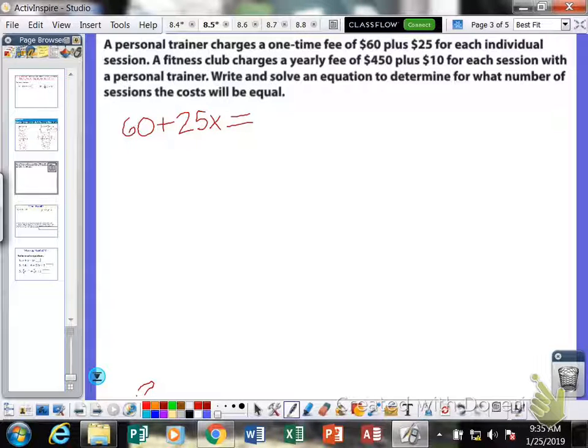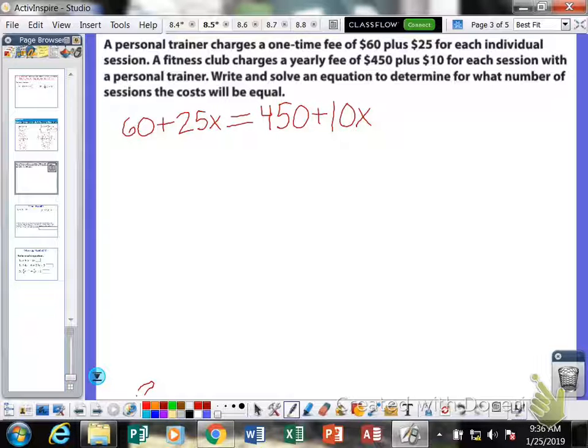So we're going to set this equation equal to what the other fitness club charges, and that is a yearly fee of $450 plus $10 for each session with a personal trainer. So again, that x is the number of times, or represents the sessions with that personal trainer. So our equation here would be 60 plus 25x equals 450 plus 10x.